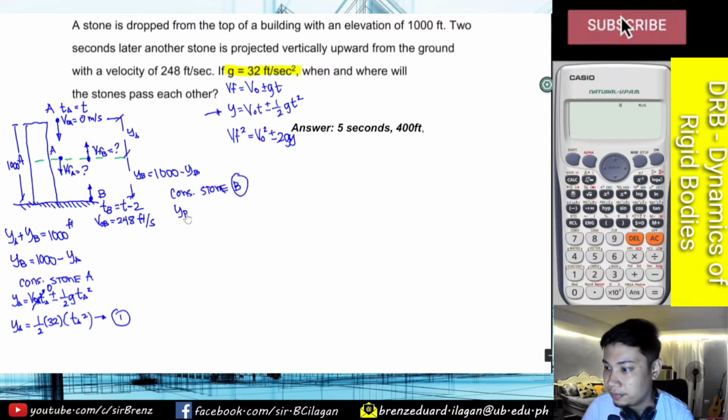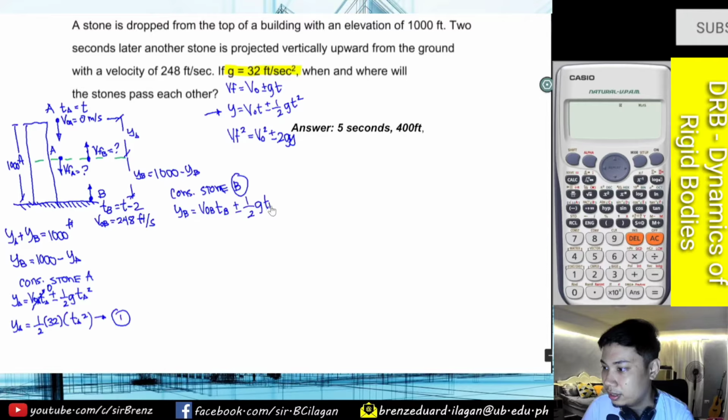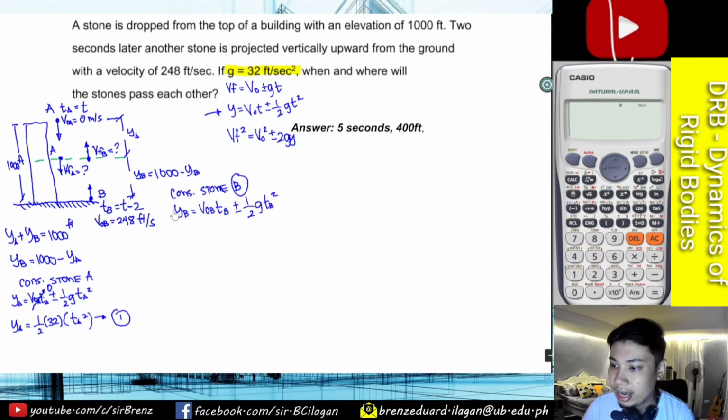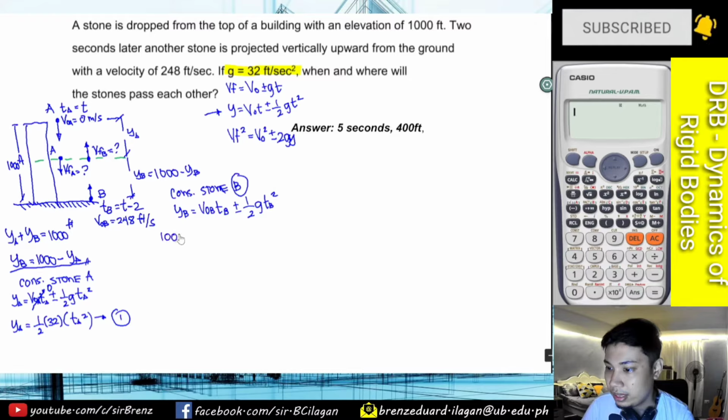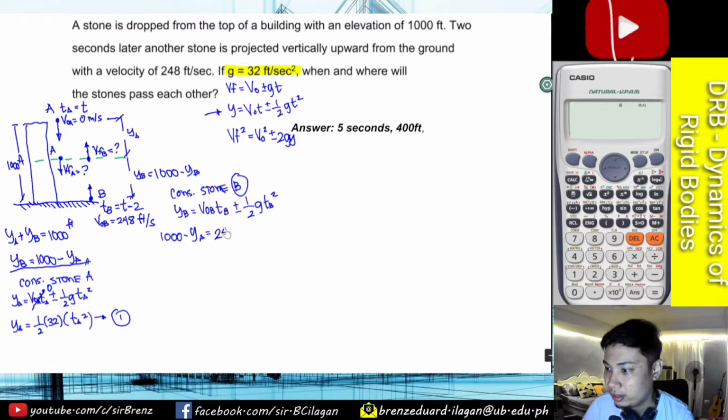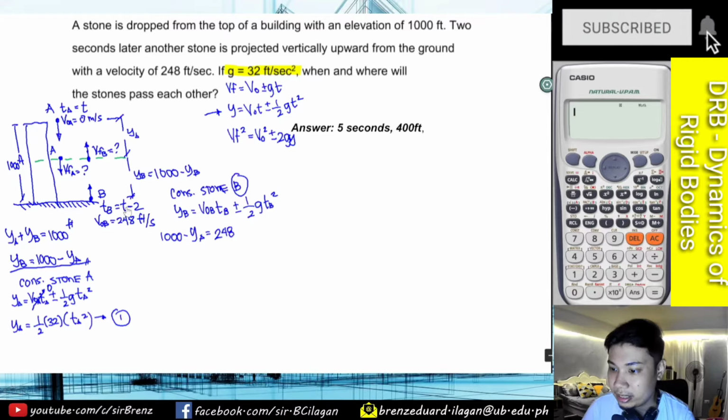So YB is equal to the initial velocity of stone B times the time of B, plus or minus 1/2 of g tb squared. Again, YB is related to YA, so that will be 1,000 minus YA is equal to the initial velocity of stone B, which is given in the problem as 248, and then the time B, which we said is t minus 2.